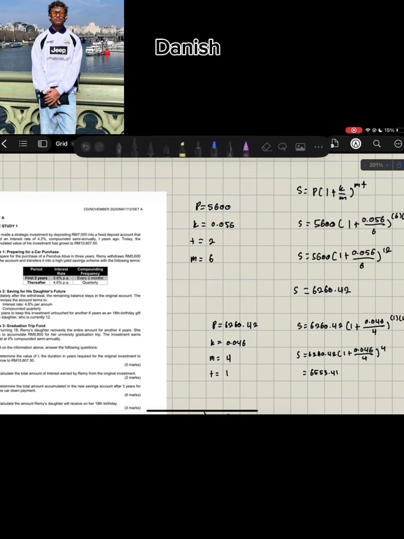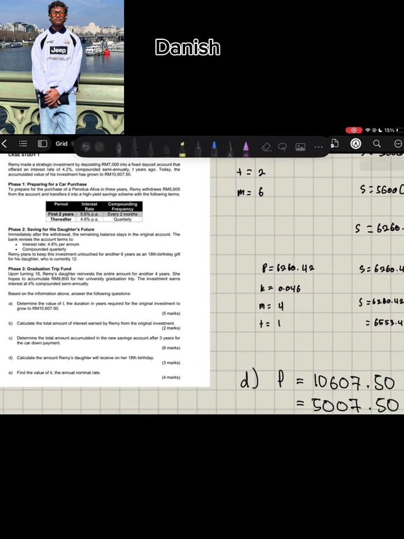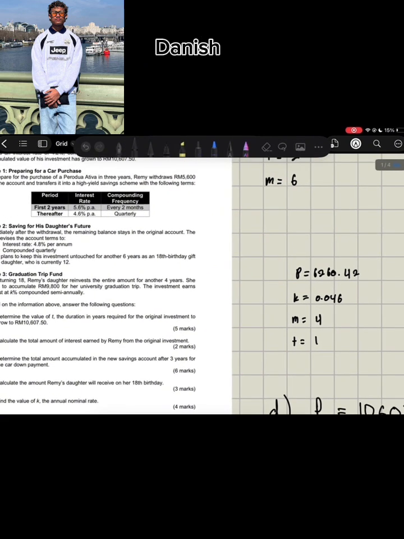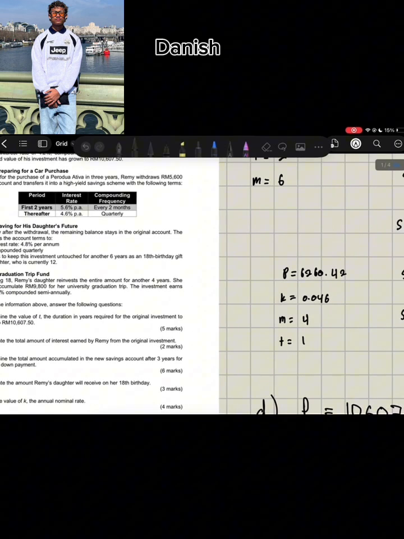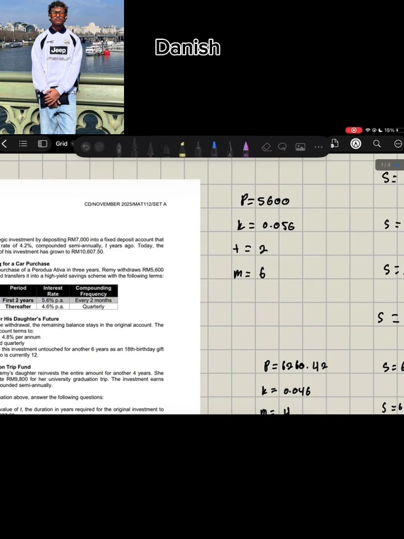Alright, for question C, determine the total amount accumulated in the new saving account after 3 years for the countdown payment. For phase 1, the P is 5,600, the K is 0.056, the time is 2, and the compounding frequency is 6.